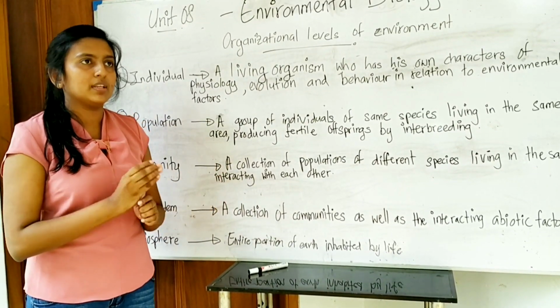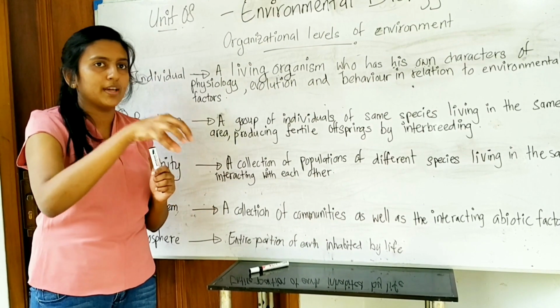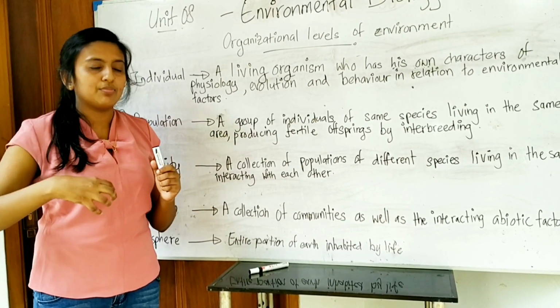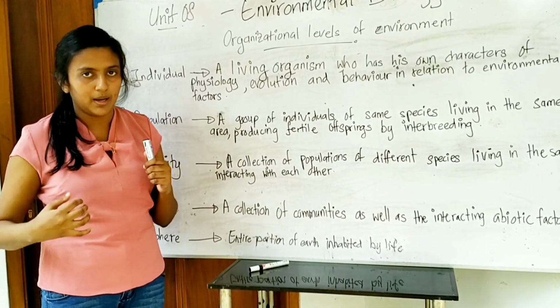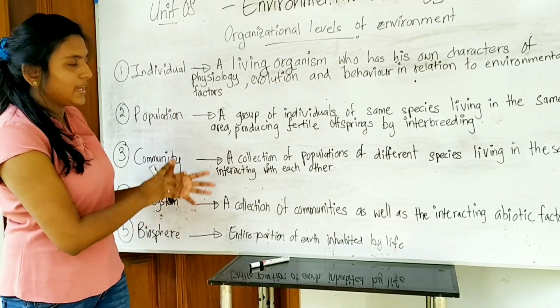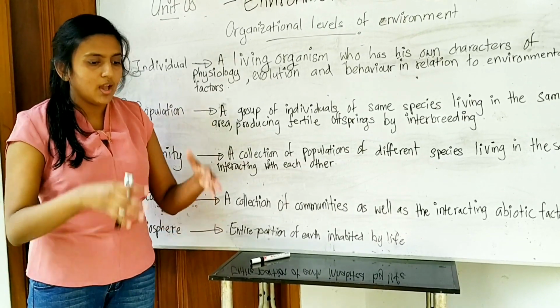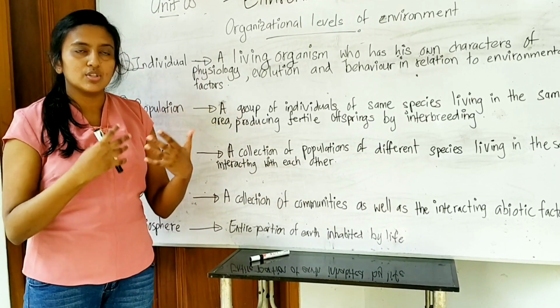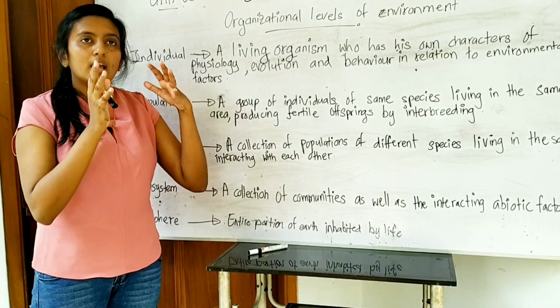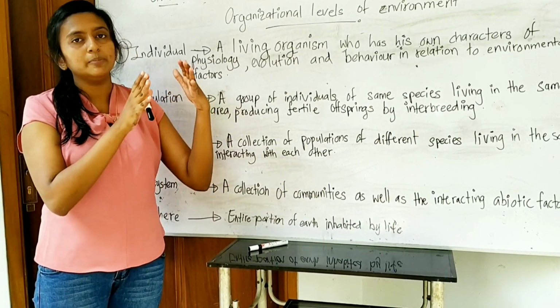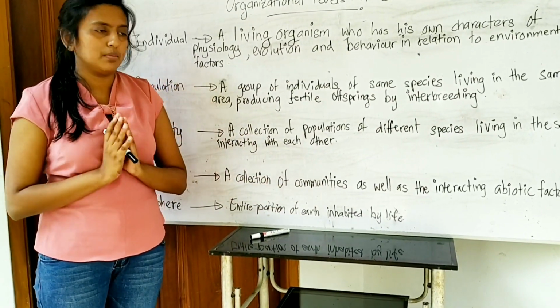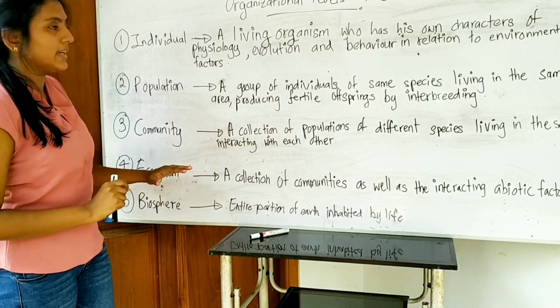So when several species of animals are taken together, we can consider it as an animal community of Yala National Park. Likewise, if we take several species or several populations of plants together, that would be the plant community of Yala National Park. Then the animal community and the plant community along with the abiotic factors, the soil, water, light, gases, nutrients, when they come together, then we can call it an ecosystem.